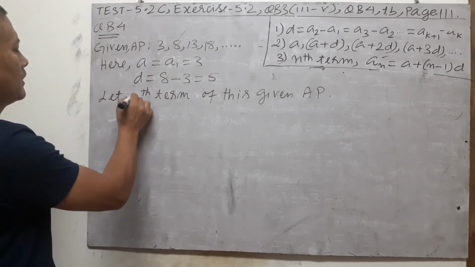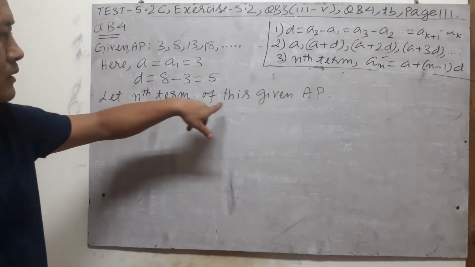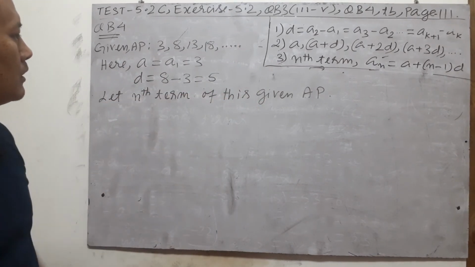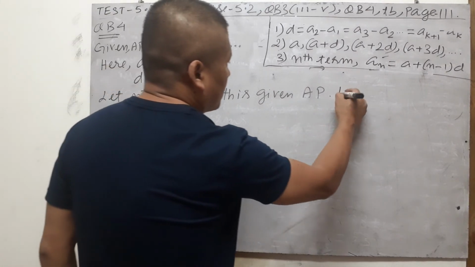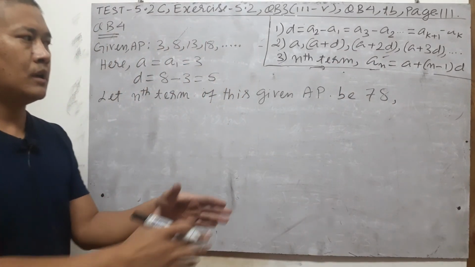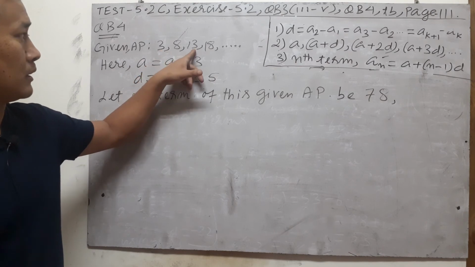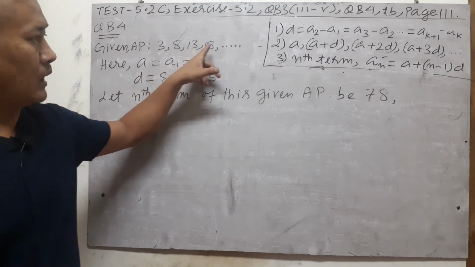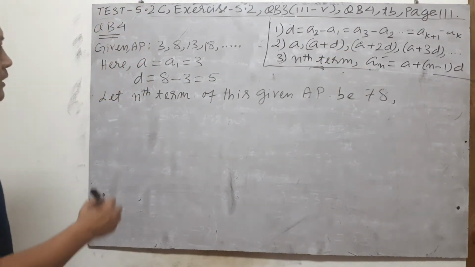We don't know this nth term, maybe the 30th or 50th, whatever. So which term has its value? Here the first term has value 3, third term A3 has value 13, so A15 or A50 has this value. That's what they're asking. I hope you're getting it.